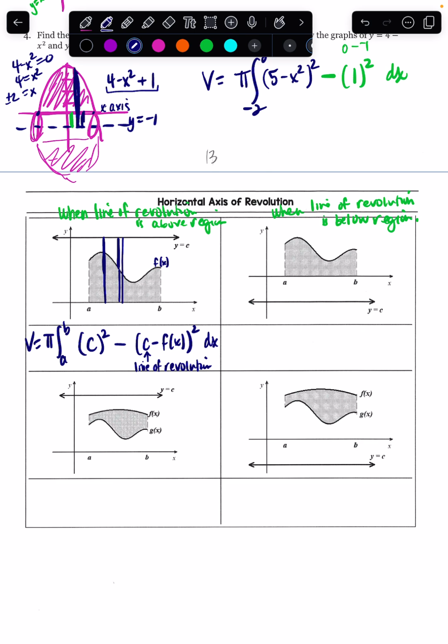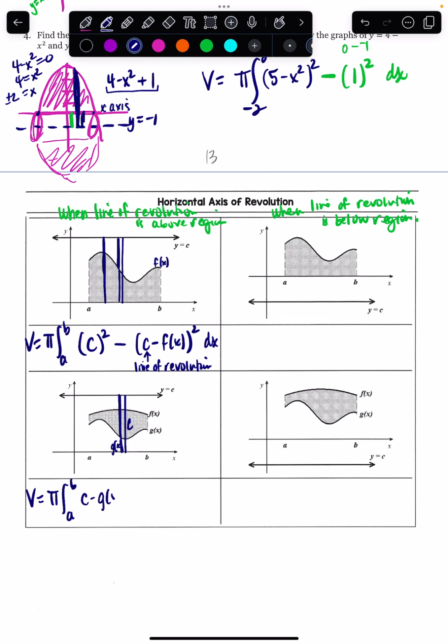Now, in the one below that, the line is above, but now you've got two functions. Okay, so volume pi from A to B. You've got to do the outside one first. How do we get that? That's c minus g of x. So c minus g of x gives you that radius.